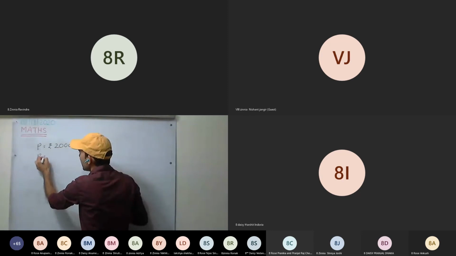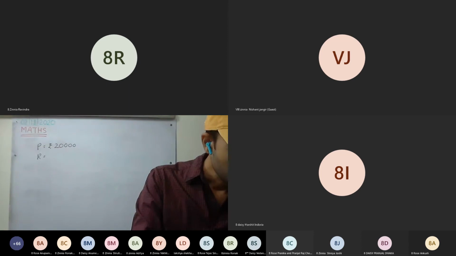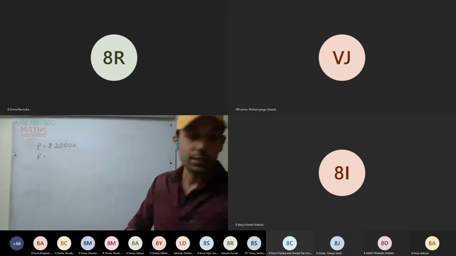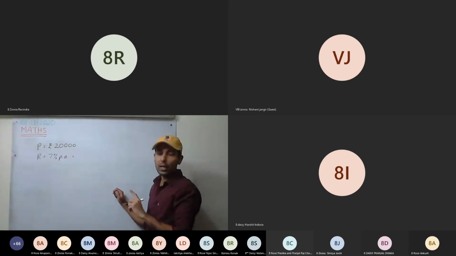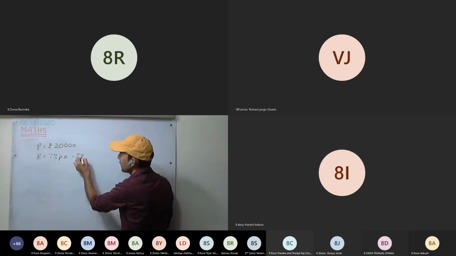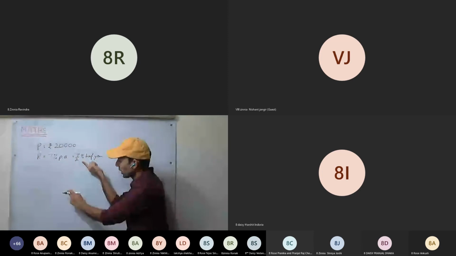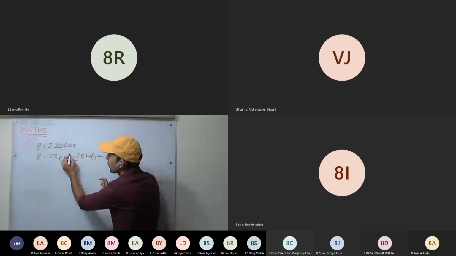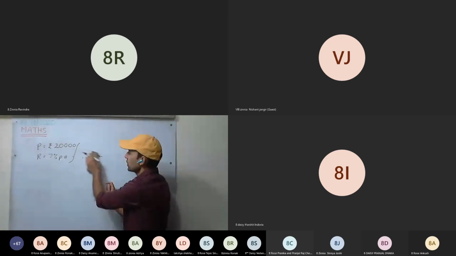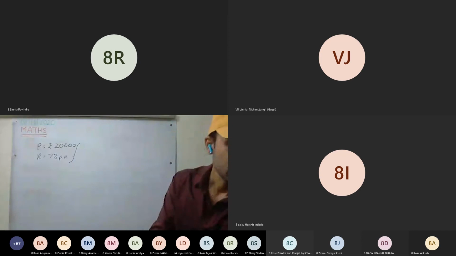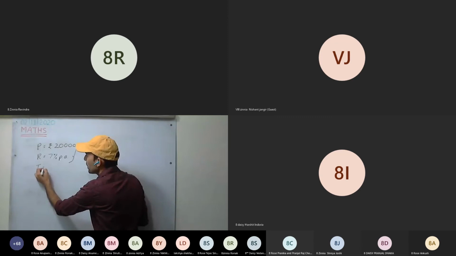Rate is 7% per annum, so half yearly it will be 7 by 2%. You don't have to put the 2 there; usually we keep it as such. So the rate we have written, and it is compounded half yearly. And time equals how much?